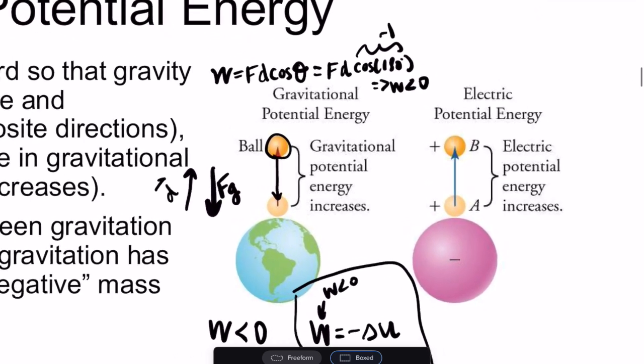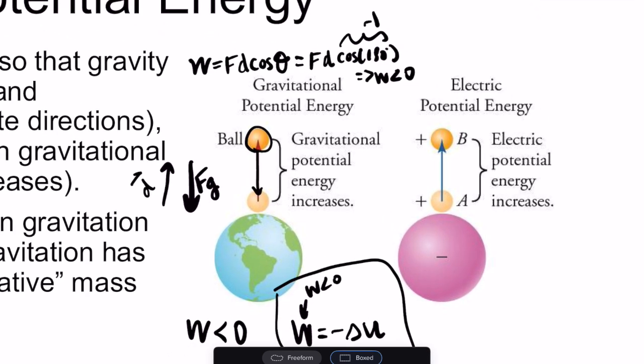Let's say we have a negatively charged particle and it's in the vicinity of a positively charged particle. If we are moving this positively charged particle away from the negative charge, we are also getting an increase in potential energy. And so this is going to be analyzed in the same way.